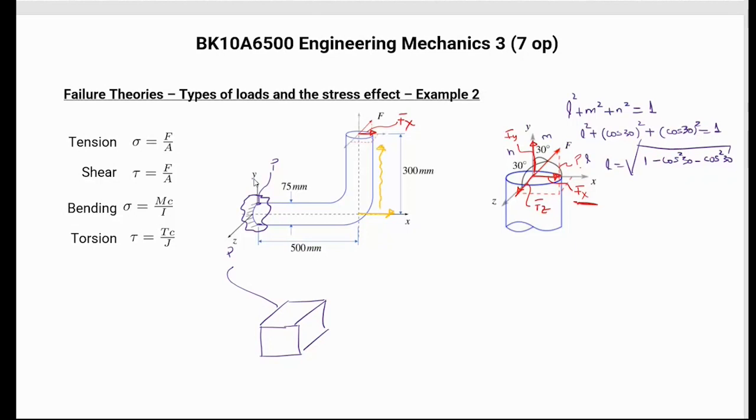This means that this force can be substituted at this point by a force and a moment. The force is going to be the same force, Fx, and the moment is going to be Fx times this distance. Or to write it better, the moment is going to equal 300 times Fx.